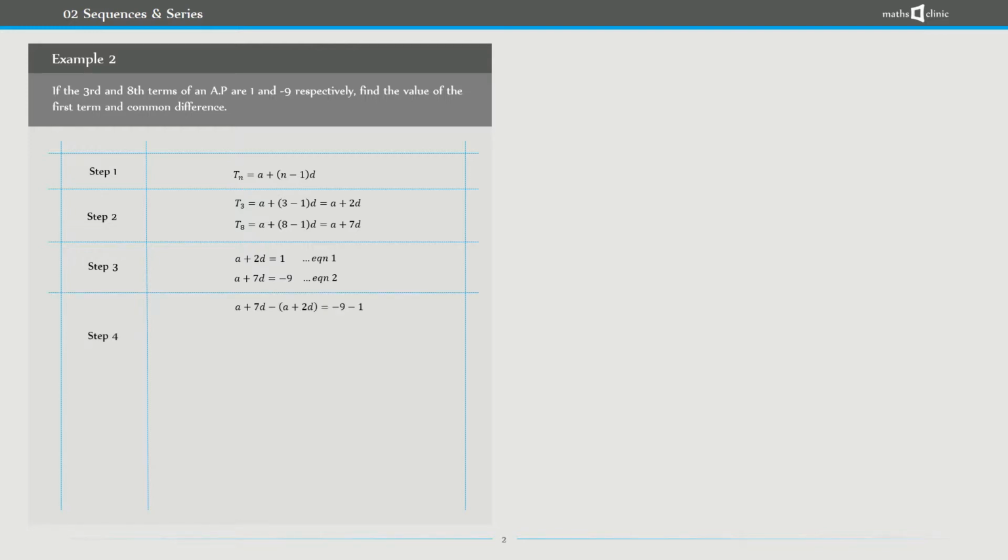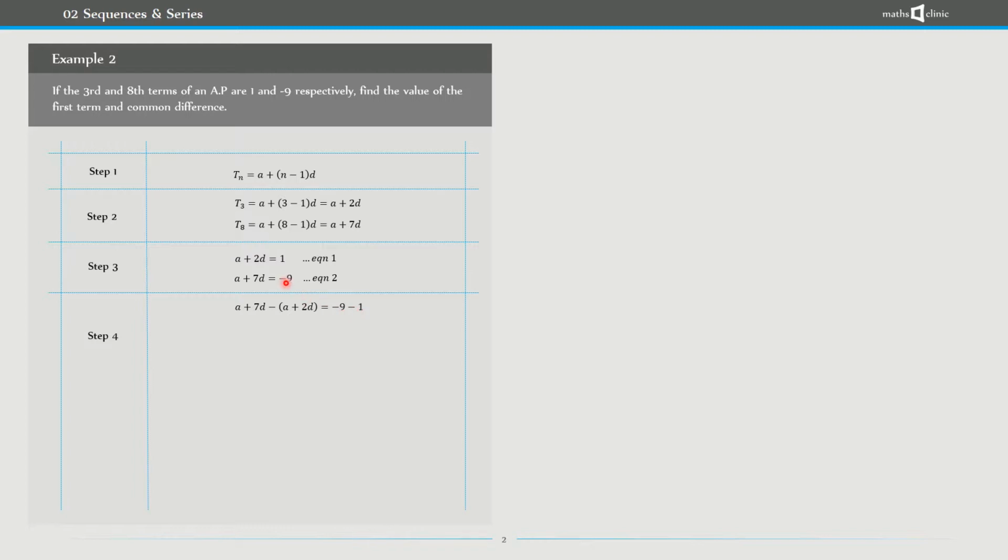If we do that, we have a plus 7d minus a plus 2d, which would equal minus 9 minus 1. Let's look at that. So two equations 1 and 2, and we subtract equation 1 from equation 2, so we have a plus 7d minus a plus 2d equals minus 9 minus 1.